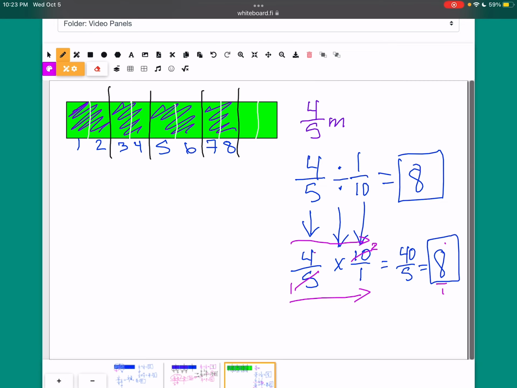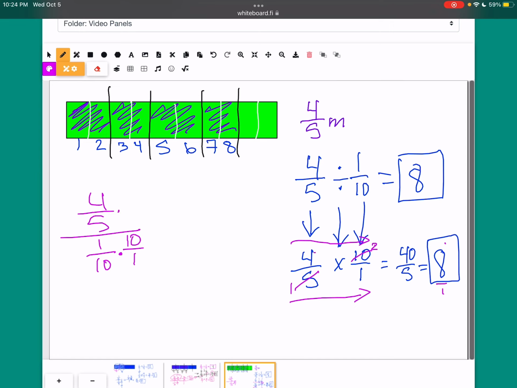Okay, so that's what it looks like if I do my rule that whenever I divide by a fraction, I can multiply by the reciprocal instead. What does that look like? Well, 4/5 is being divided by 1/10, and this is a complex fraction, so we want to get rid of that fraction in the bottom.